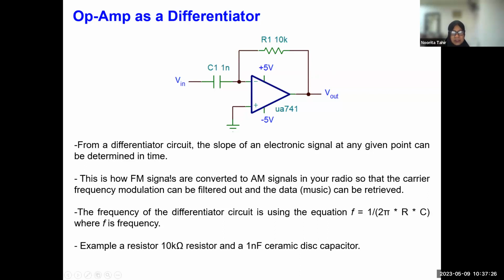One of the applications is how FM signals are converted to AM signals in our radio as a frequency modulator carrier. And all filters, when it comes to R and C, utilize this equation.